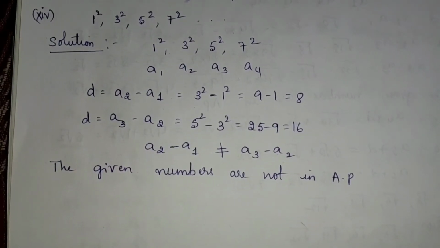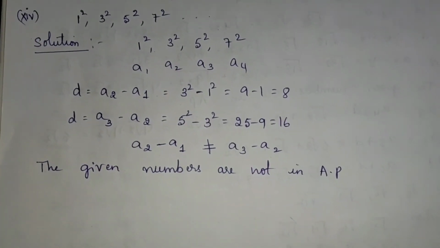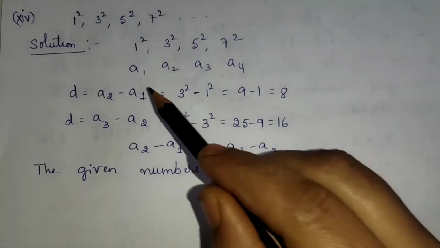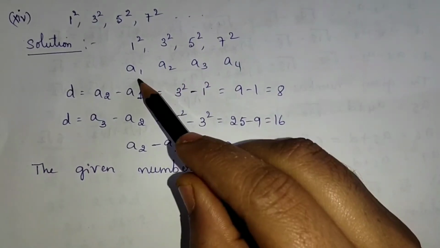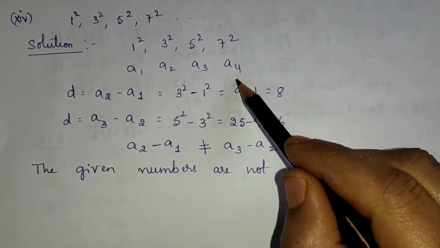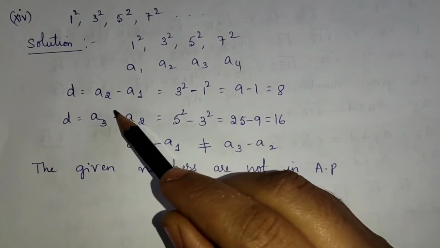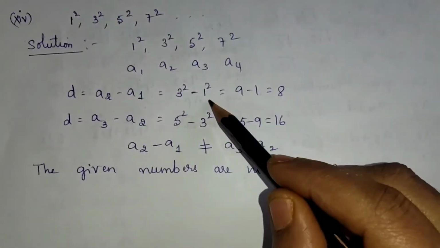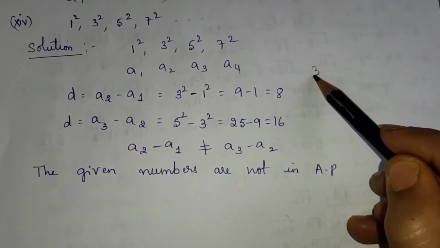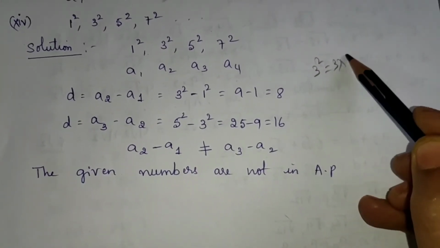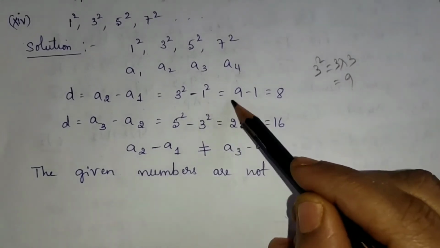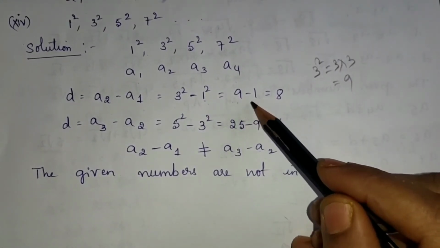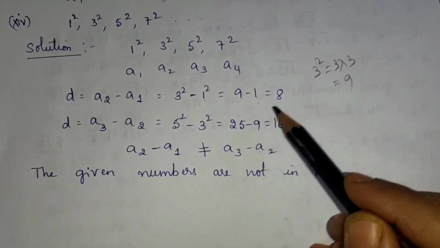Next, question number 14. 1 square, 3 square, 5 square, 7 square. Write the pattern and name it as A1, A2, A3 and A4. Find the difference by taking second term minus first term, that is 3 square minus 1 square. 3 square means 3 into 3, that is 9. 1 square means 1 into 1, that is 1. 9 minus 1 is 8.